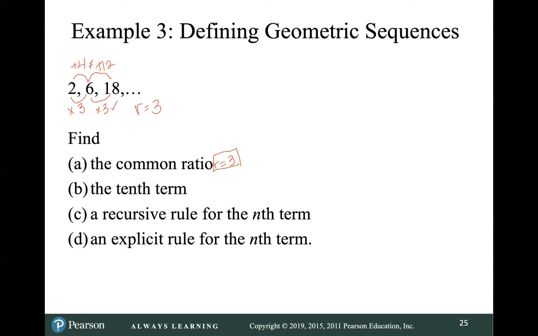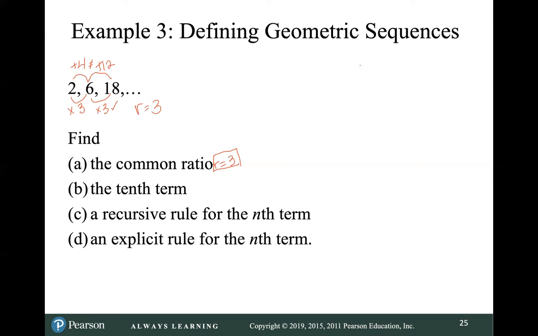To find the 10th term, I can keep going with this pattern, times 3 times 3 times 3 times 3, but just like we saw in example 2, actually, I think I removed example 1 from the notes packet. So if you were looking back for that, I removed it from the notes packet. But in our last example, when we were finding the 10th term, we can build up from the first term and find all 10 of them, or we can use the explicit form.